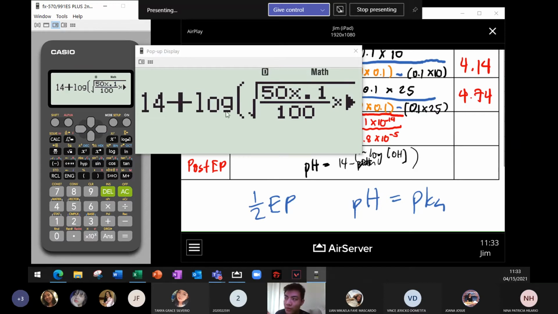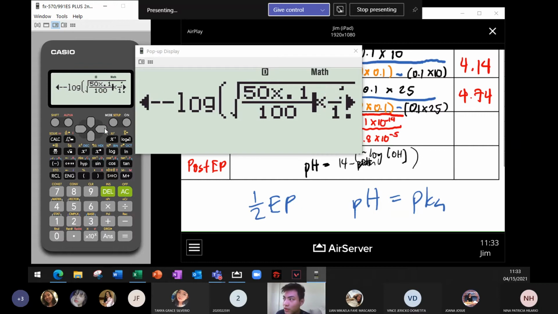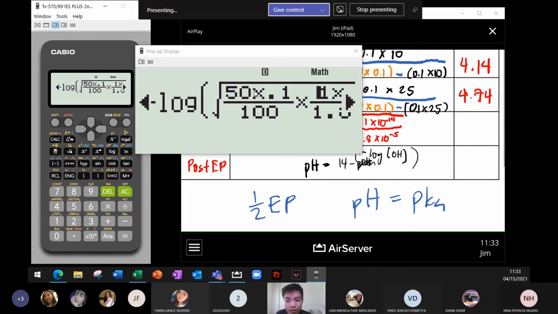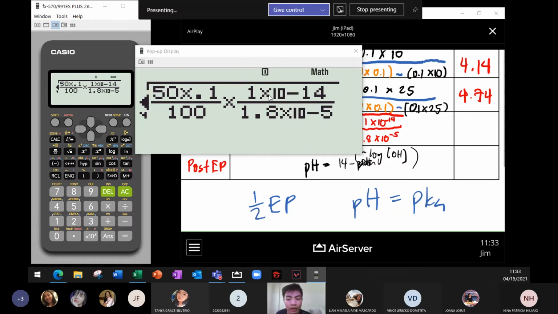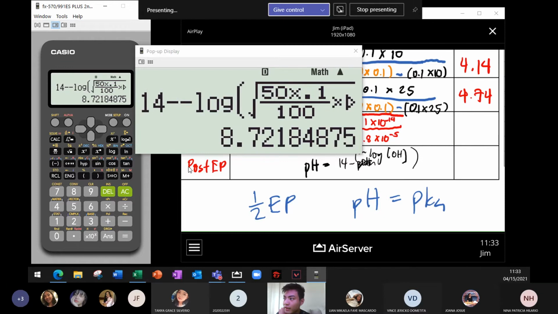So, 14 minus POH lang yan, pero pinagsama ko na lahat. Then, yung expression for the OH. This is the concentration of the base, MAVA over V total, times the Kb calculation. So, that's Kw divided by Ka. So, ganun ginawa ko. Enter na. Ayan, 8.72.